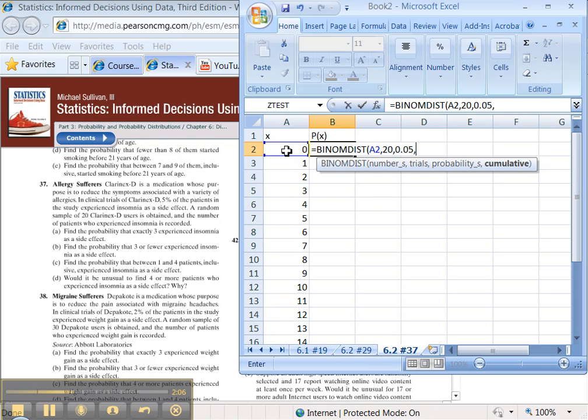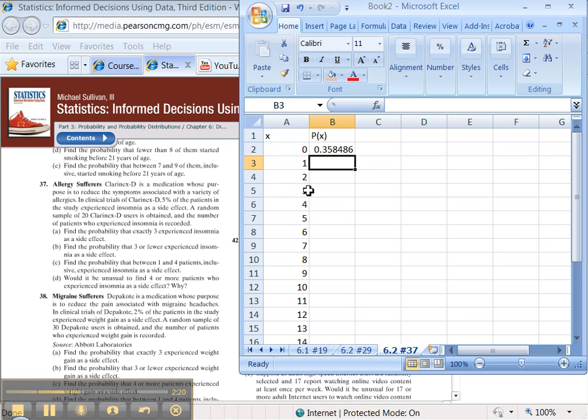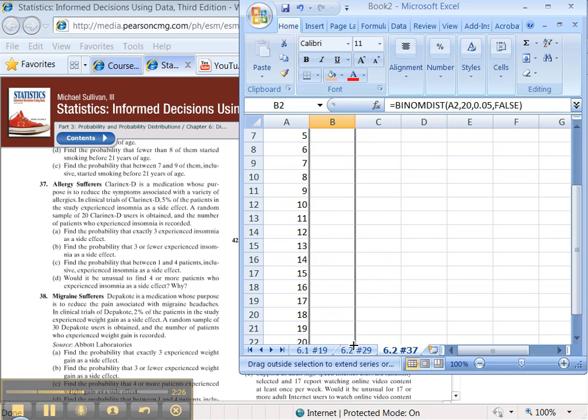Success means, well, something very statistically speaking. So if 5% are experiencing insomnia, then having insomnia is considered a success. All right, and then false for the cumulative part. We're not really going to work with cumulatives at this point, so just always make them false. And then I grab the handle, I drag it down.